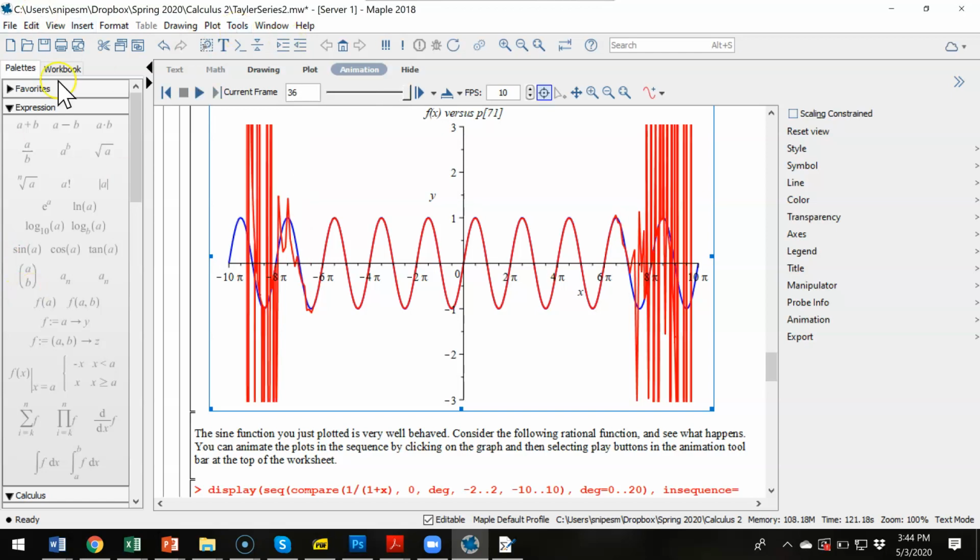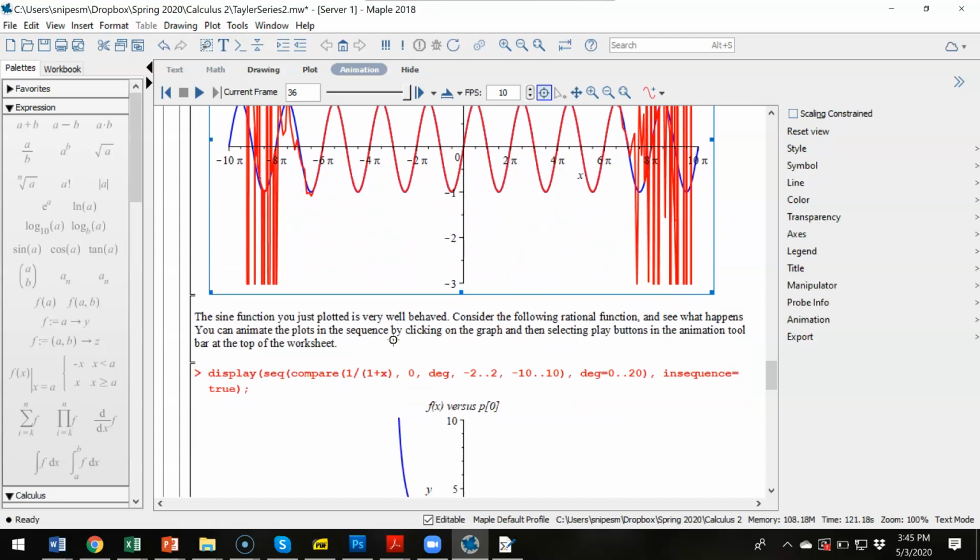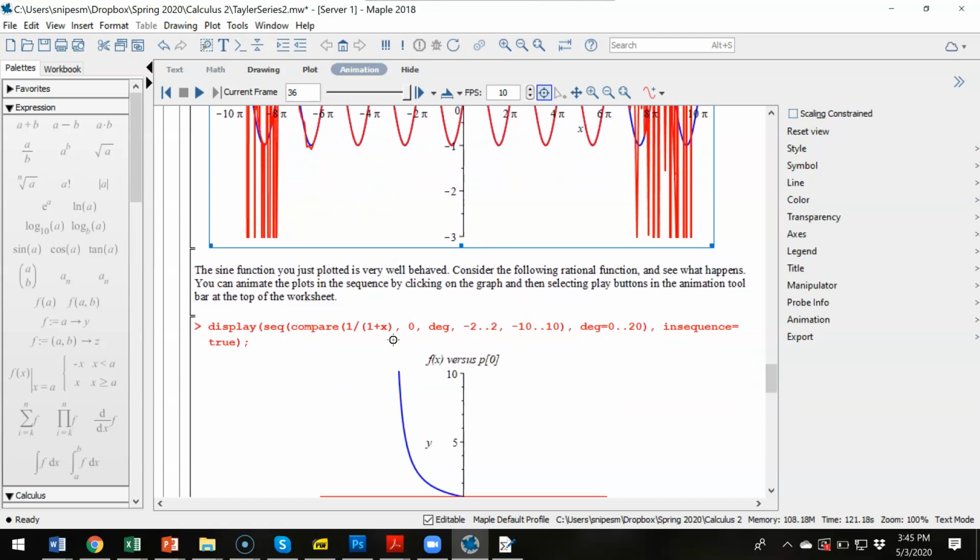Okay, so here's the numbers breaking down. If we were able to actually see the true polynomials and not have numeric errors, we would see the curve matching the sine curve all the way out here. It would just continue to hug over arbitrarily large intervals. And again, we will actually prove that mathematically. The key to all happiness will be the ratio test.